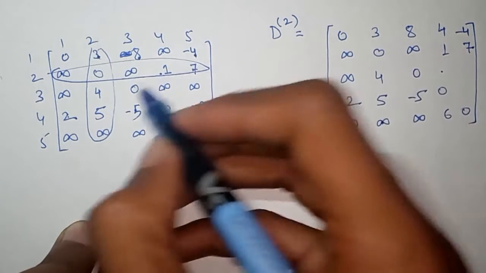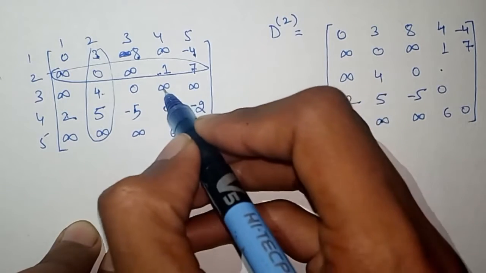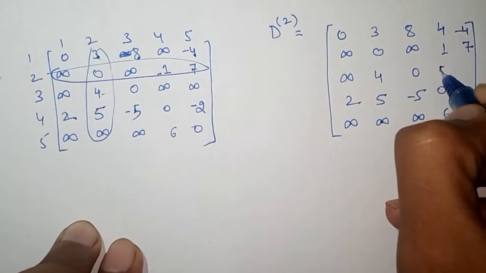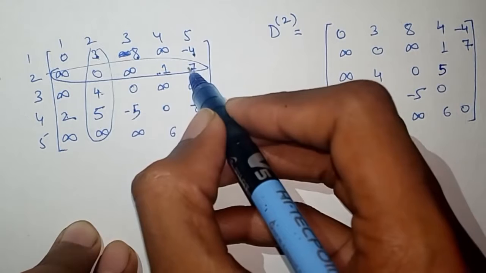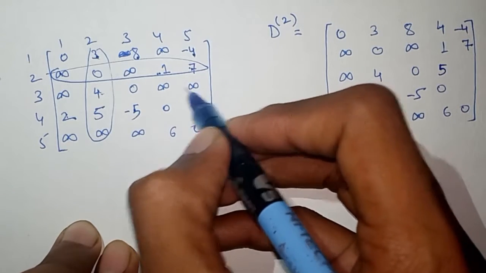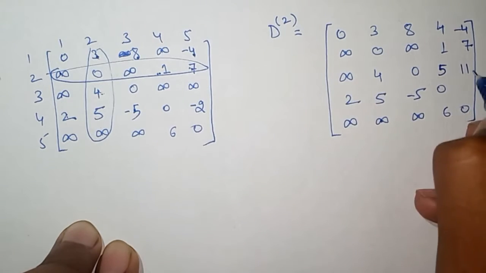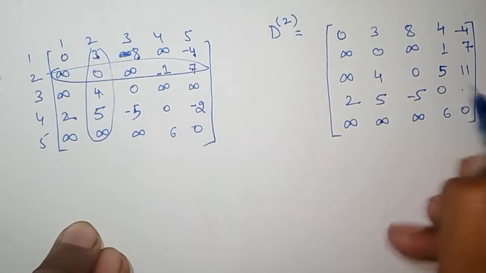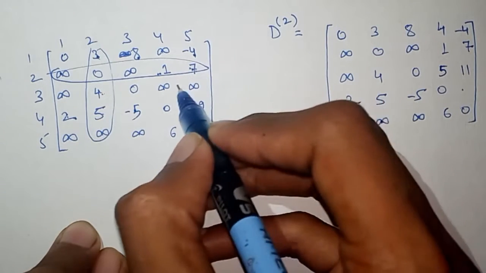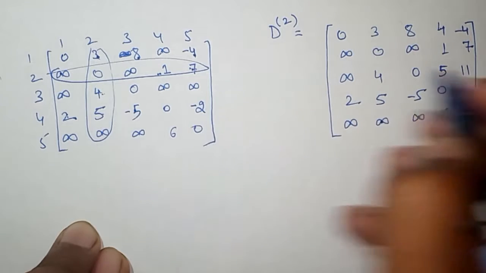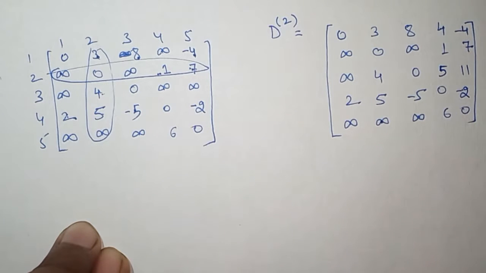For this element, 4 plus 1 is 5, which is less than infinite, so 5 comes here, and 4 plus 7 is 11, which is also less than infinite, so here comes 11. Now for this element, 5 plus 7 is 12, which is not less than -2, so there is no change in the D2 matrix.